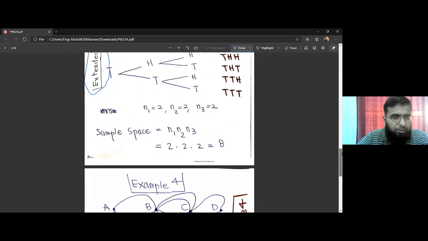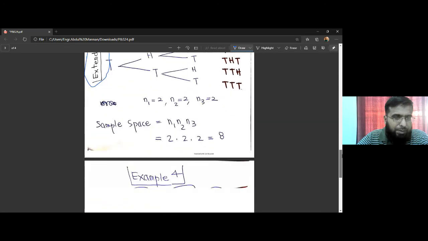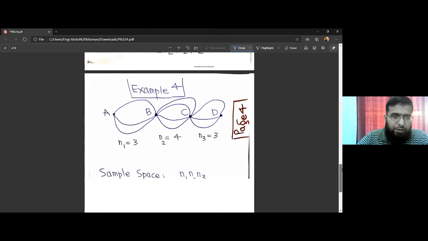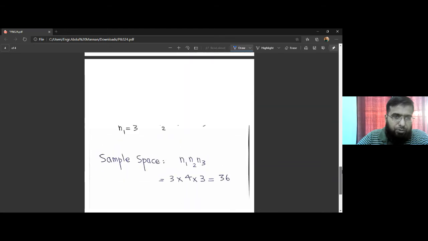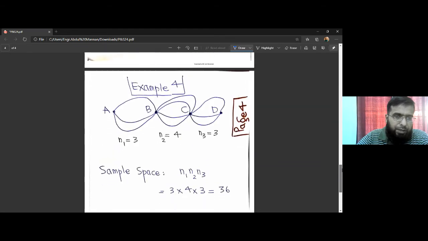In order to better understand the extended mn rule, we have another example to solve, where we have a truck driver. He has to go from city A to city D through cities B and C. From city A to city B, he has 3 different options. From B to C, he has 4 different options, and from C to D, the driver has 3 different options.